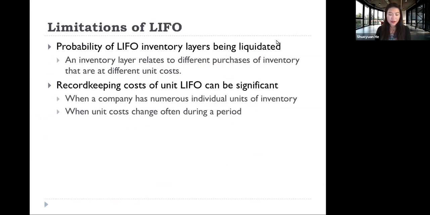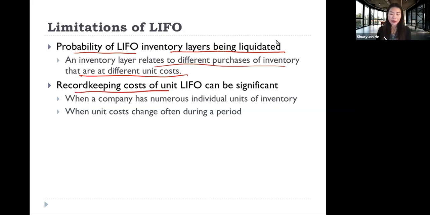And then limitations of LIFO. First of all, the possibility of LIFO inventory layers being liquidated. Inventory layers relate to different purchases of inventory at different unit costs, so it can be a potential way for a firm to manage its earnings. And record keeping costs of unit LIFO can be significant.